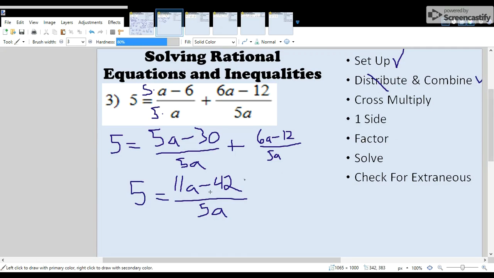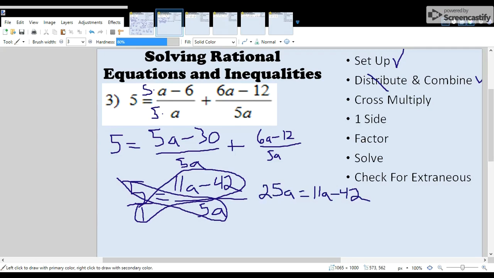Step 3, we're going to cross multiply. Since the 5 is by itself, we could put a 1 in the denominator. Go ahead and cross multiply those, see what you get. Okay, you should get 25a equals 11a minus 42. So we're done with step 3.